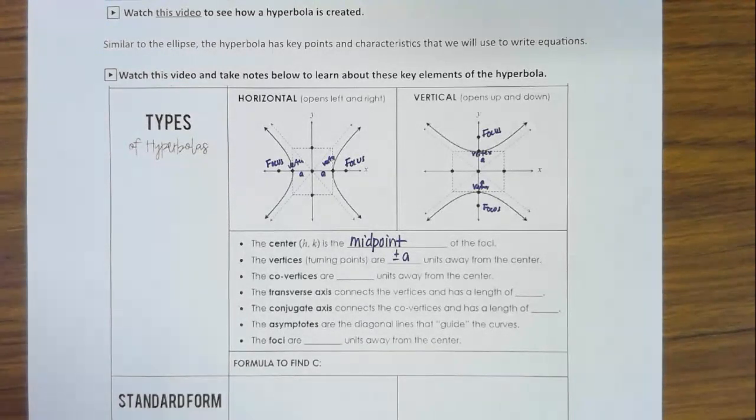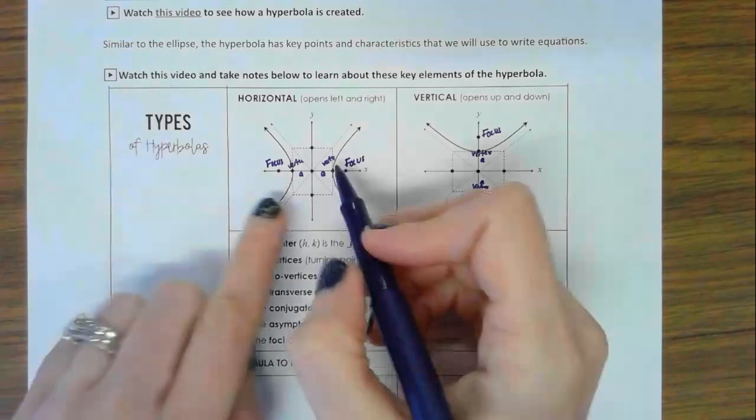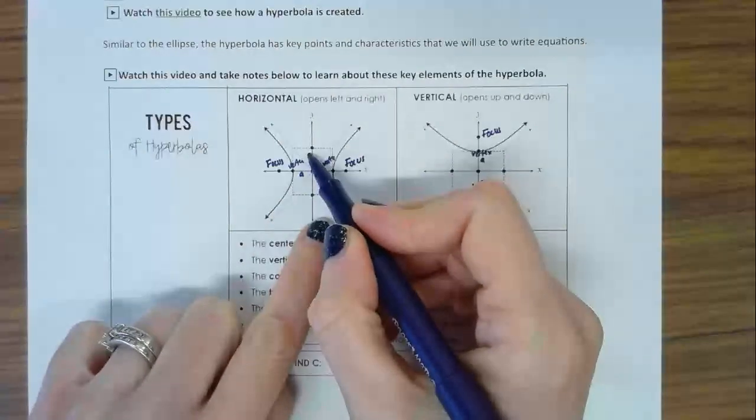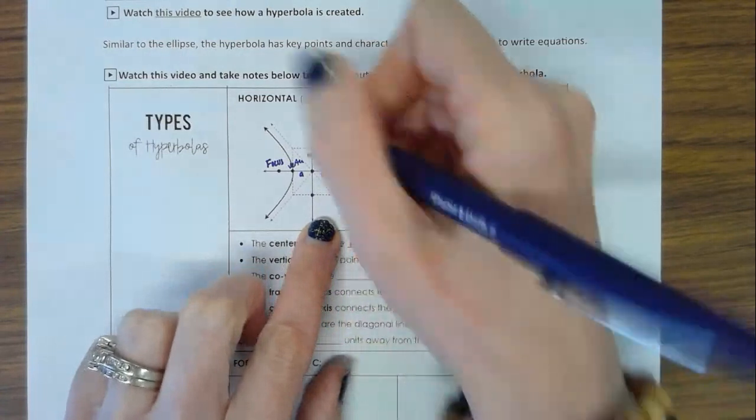Just like in our ellipse, they're b units away from the center. So they move in the perpendicular direction to our a coordinates. If my a's move left and right, we go b units up and down to create these co-vertices.